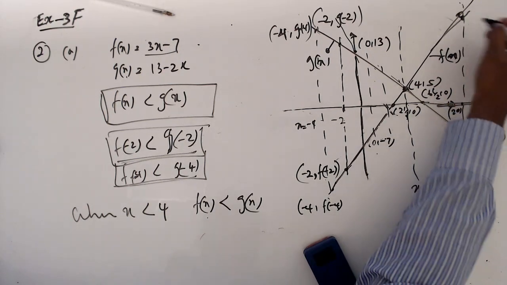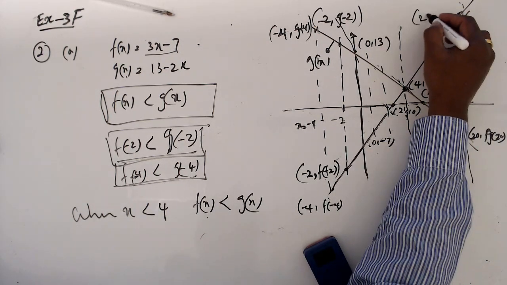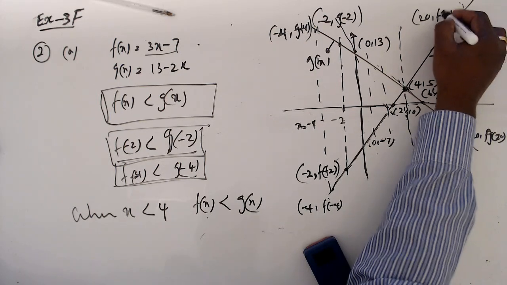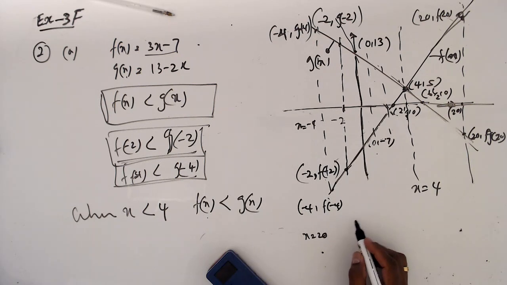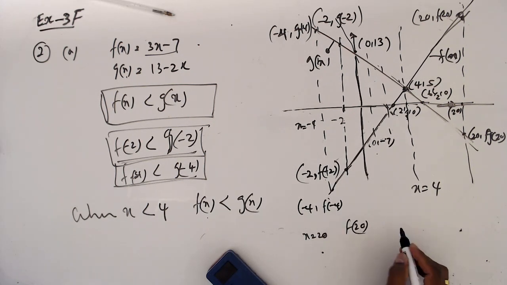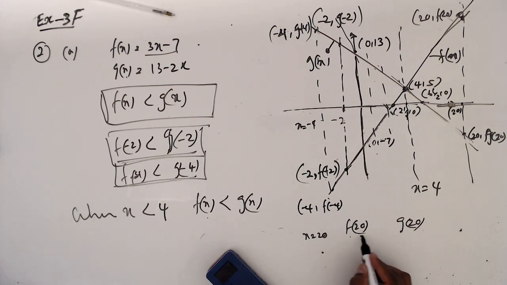And this point is 20, f(20). Now can you tell me when x equals 20, which one is bigger, f(20) or g(20)? f(20) is not bigger than g(20).